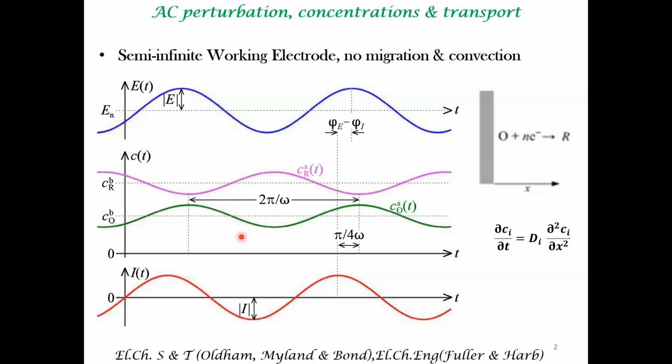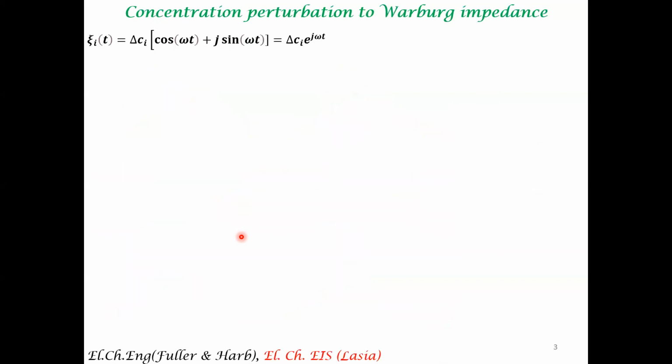That is the brief objective of this lecture. So the periodic variation in concentration is over and above the steady state that existed before the imposition of the AC signal.